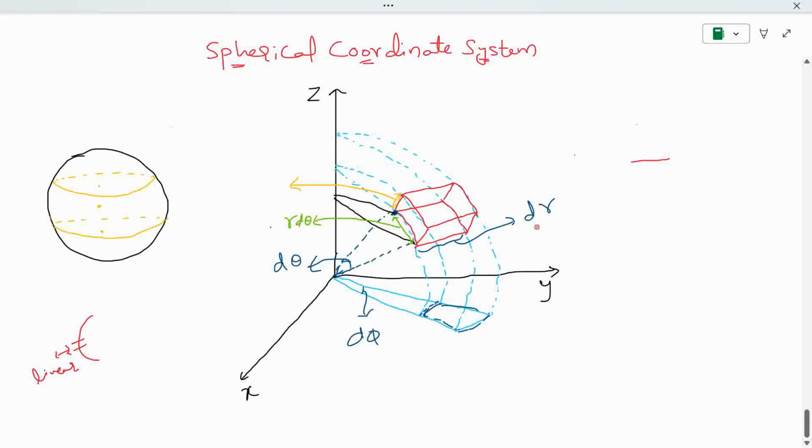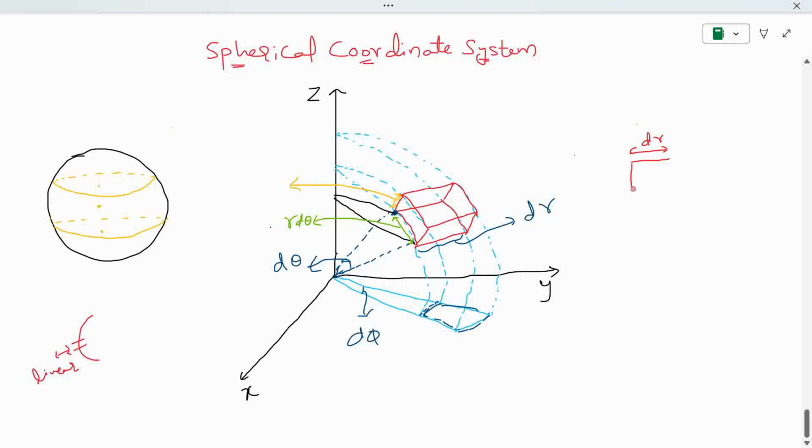It is not that the tennis ball thickness is that less, but just for our understanding sake, imagine that it is very thin, in the order of dr. So here dr is the thickness of that tennis ball. This is the thickness, so it is actually dr.